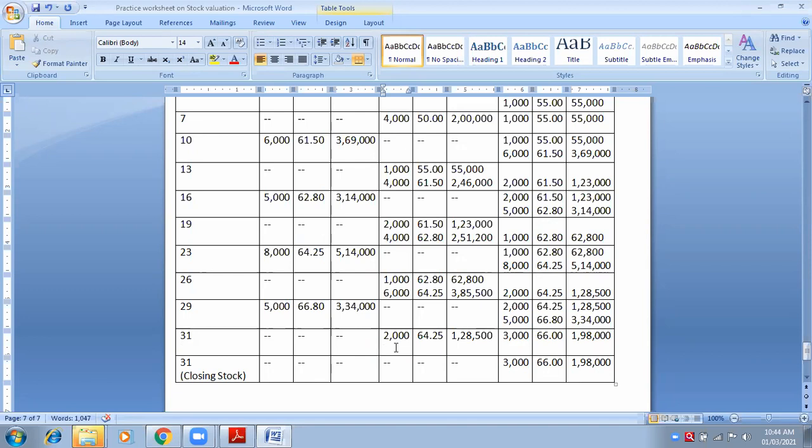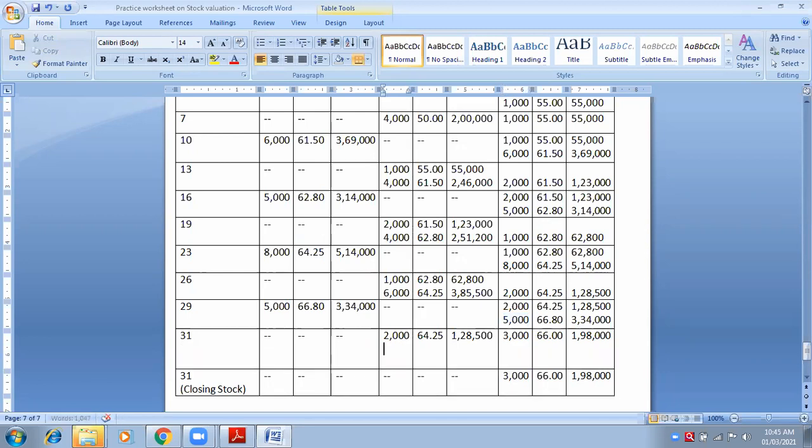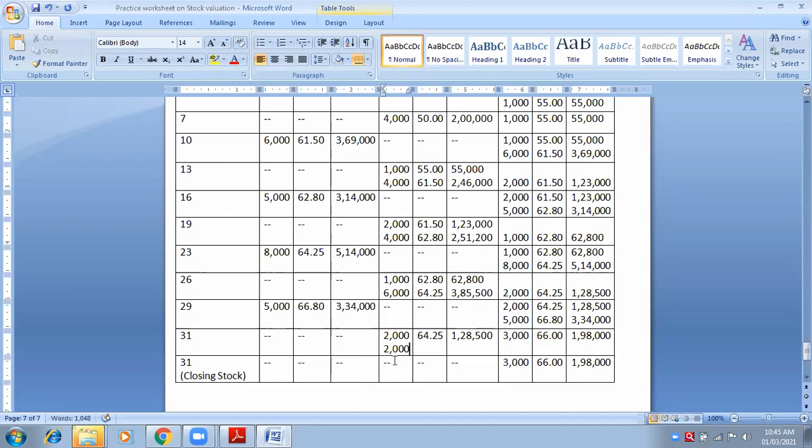Out of 4,000, 2,000 is already issued from the first slot, so now we take the help of the second slot. In the second slot we have 5,000 units, but we need to issue only 2,000 more, because the total should be 4,000. What is the rate of the 5,000? 66.80. So 2,000 into 66.80 is how much? 1,33,600.